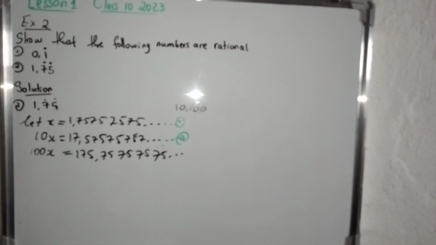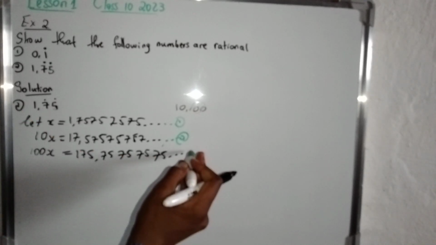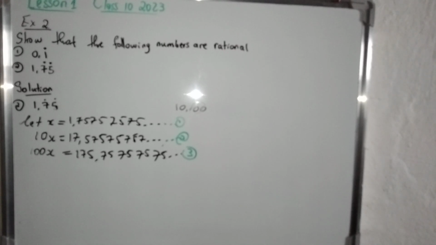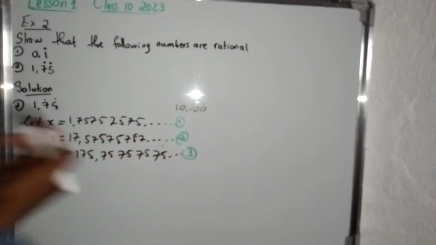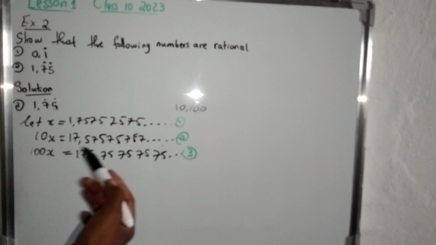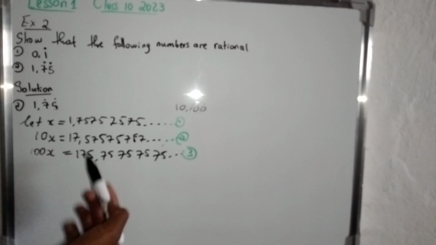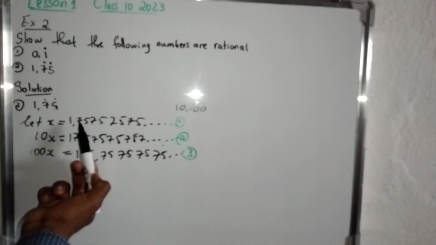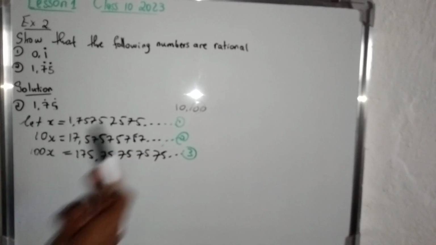So now you can clearly see that this one is known as the third equation. You can now clearly see that the first equation and the third equation share the same digits after the comma: 75, 75, 75, 75 and 75, 75, 75, 75.